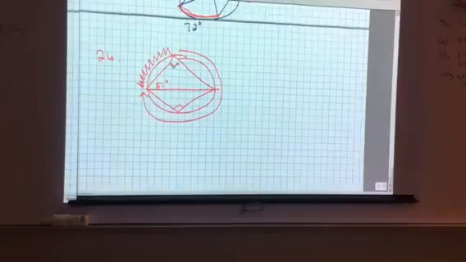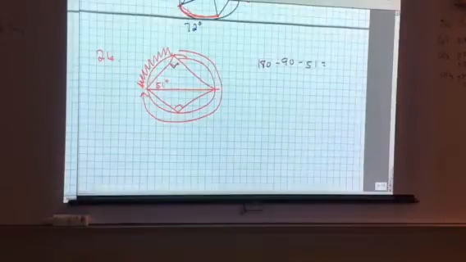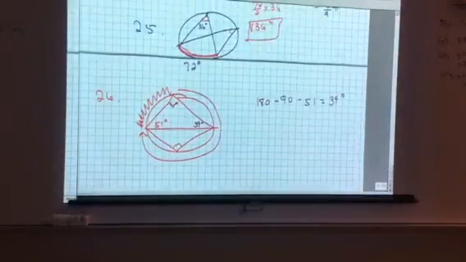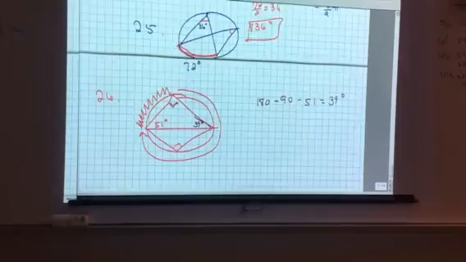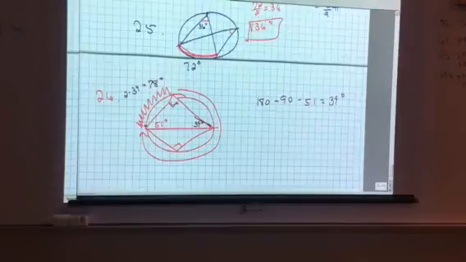Well, this isn't so bad. All the angles in the triangle got to add up to 180. So 180 minus 90 minus 51, and I'm going to get 39 degrees, which means this angle here is 39 degrees. And as we said in the last problem, if the angle is on the circle, we can double it. So the part we don't want here is 78 degrees, that distance right there.